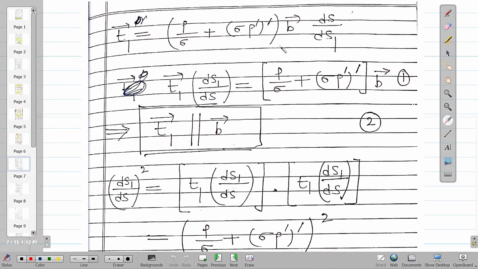So we get these values because the term of n will be 0 and the term of t is 0. So what we get here is t1, which is r1 dash, that will be converted into t1 vector, and this will be rho by sigma plus sigma rho dash, because it contains two terms, first term and second term, into b vector. The coefficient of n is 0 and the coefficient of t is 0.